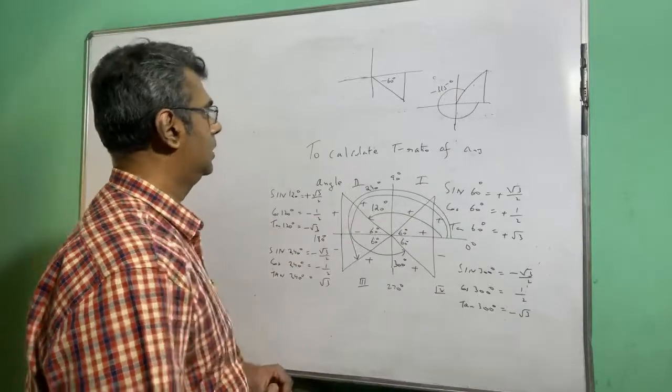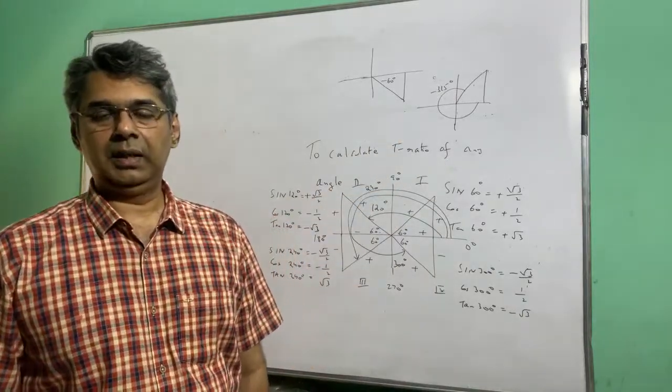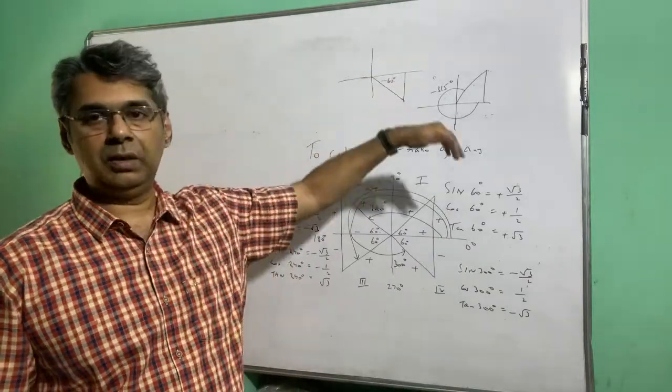Suppose a person says that I am going to trace an angle of minus 60 degree. So that means you will have to do the tracing clockwise.